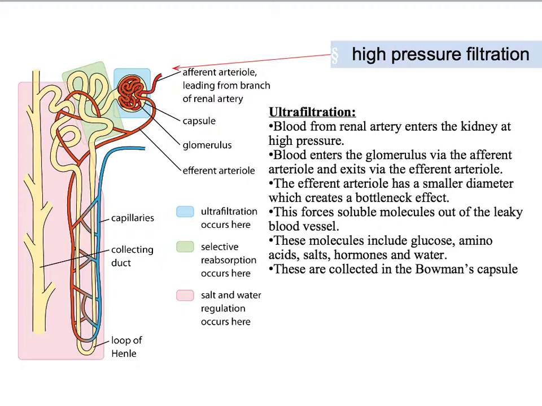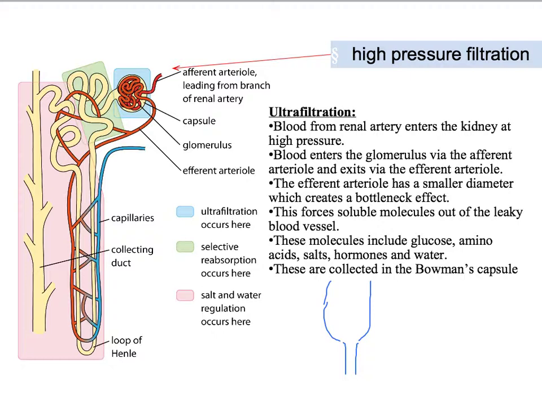Now, the other reason that this happens is that the blood vessel that leaves the glomerulus is called the efferent arteriole. Efferent means to carry away. Now, this arteriole has a smaller diameter than the afferent arteriole. This leads to a bottleneck effect.